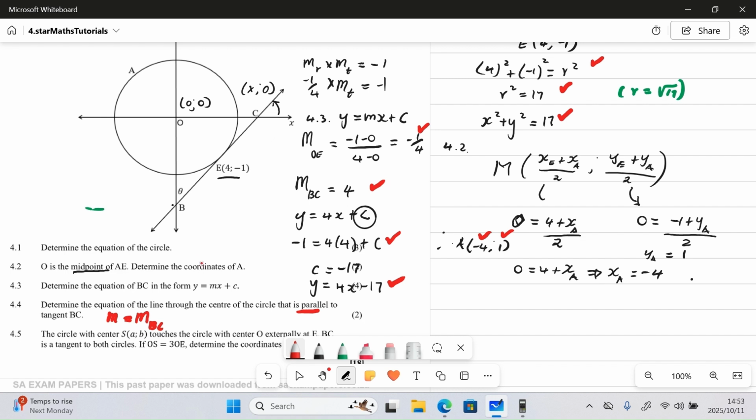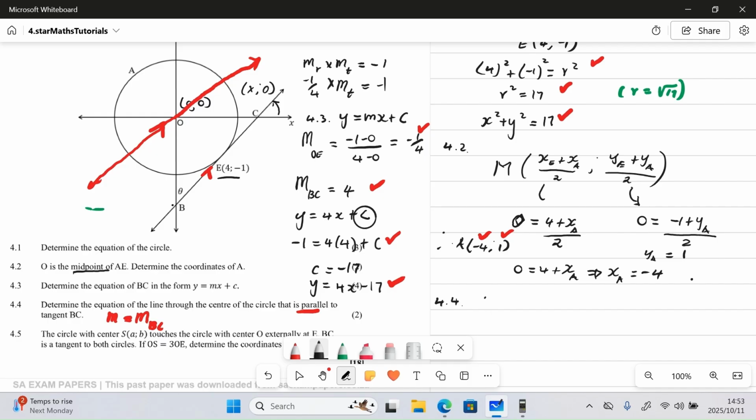The line must pass through the center. I can try to draw it. The line must pass through the center, something like that. Number one, the line must be parallel to this. So already I know the gradient of that line because it's parallel to the tangent.